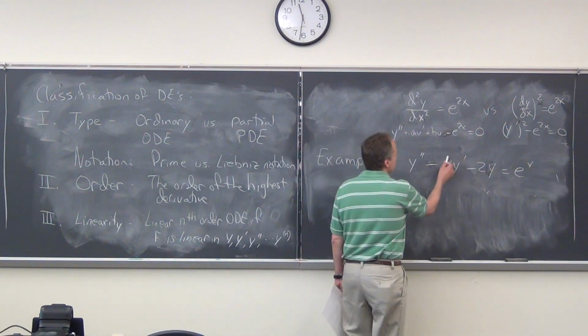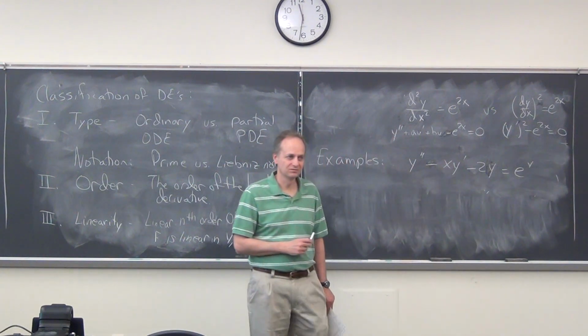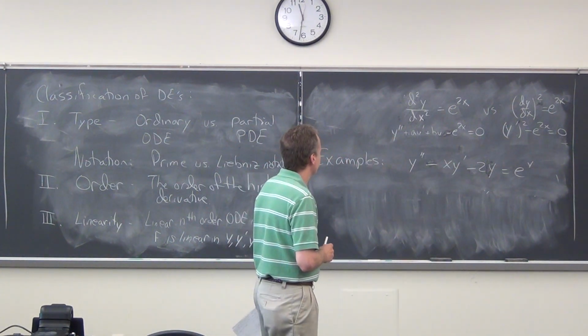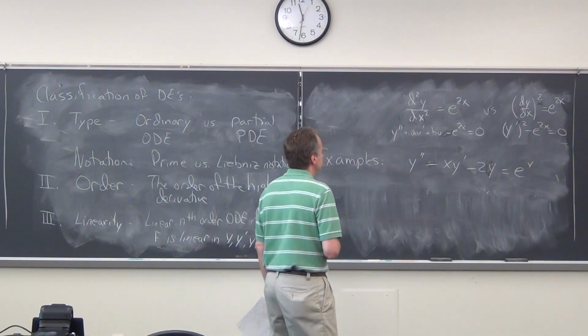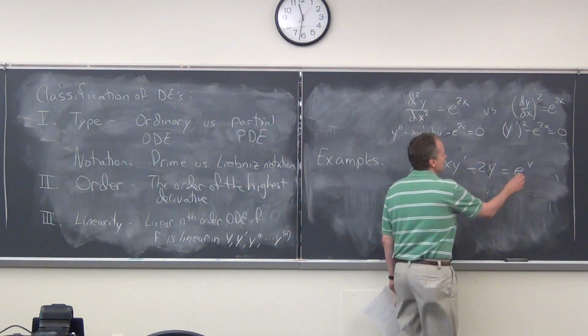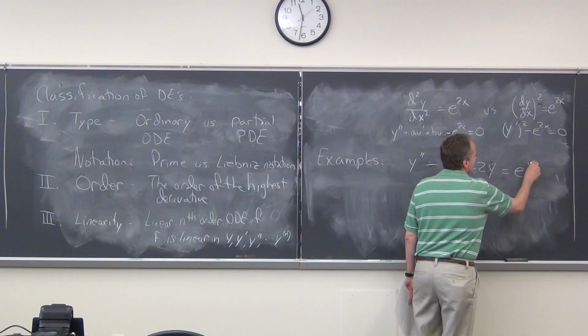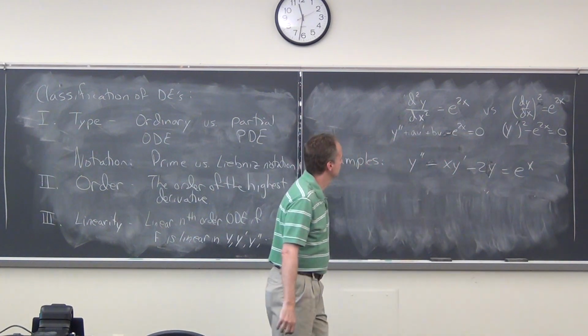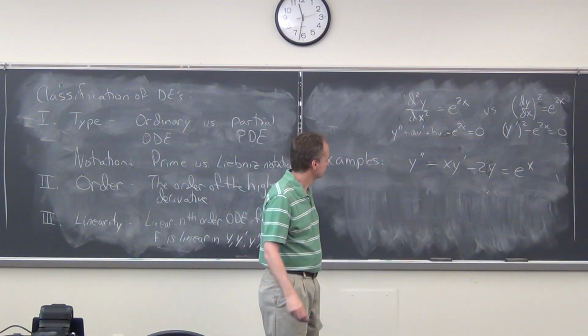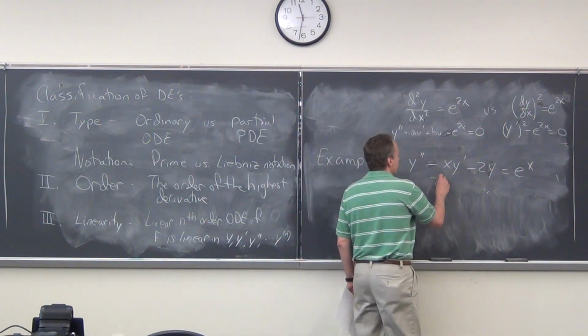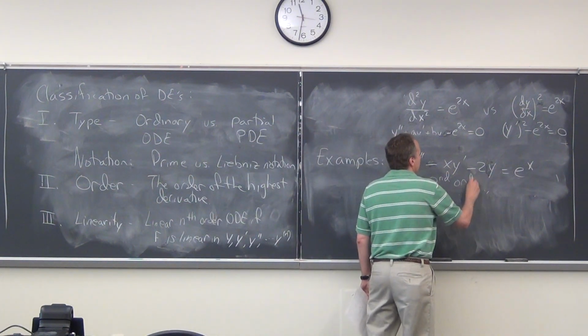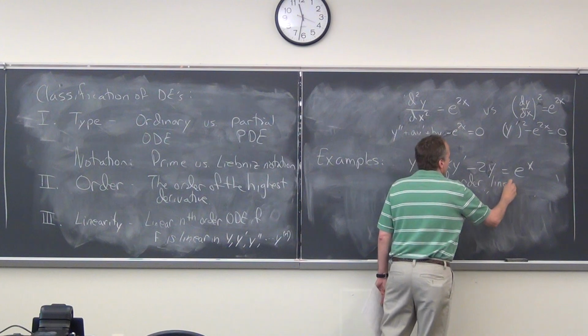We're viewing this as a coefficient. So it only has to be linear in the variables y, y prime, and so on. So this is second order linear.